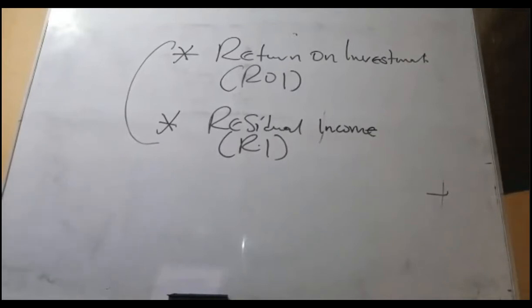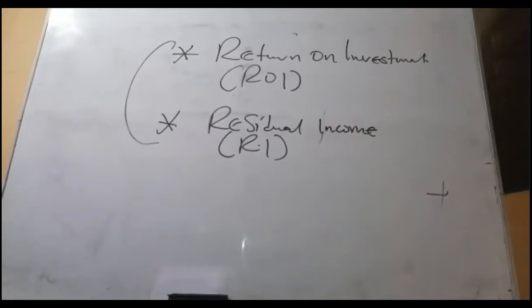So when they ask you, if you're a manager of the investment center of a company, let's say Target PLC, what performance indicators or measurements are you going to use to measure the performance? Good.